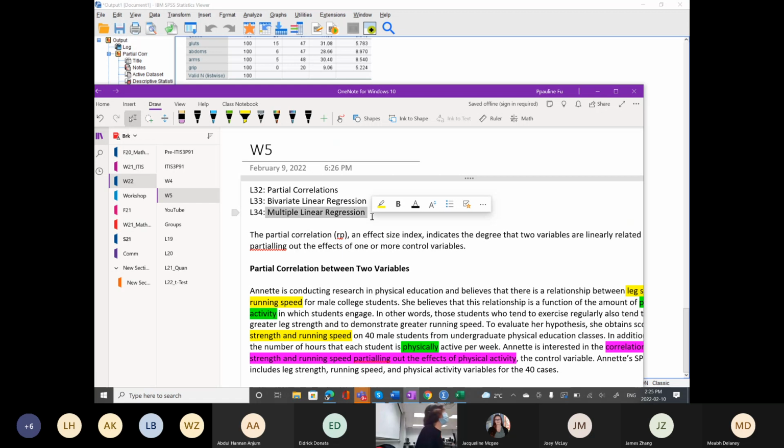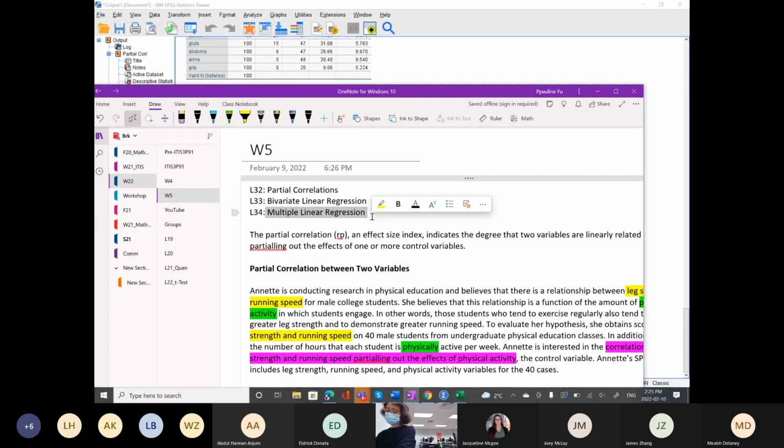The principle is similar to simple linear regression, except you have many x. You have x1, x2, x3, and then only one y. Just one y. Okay, so that is multiple regression.